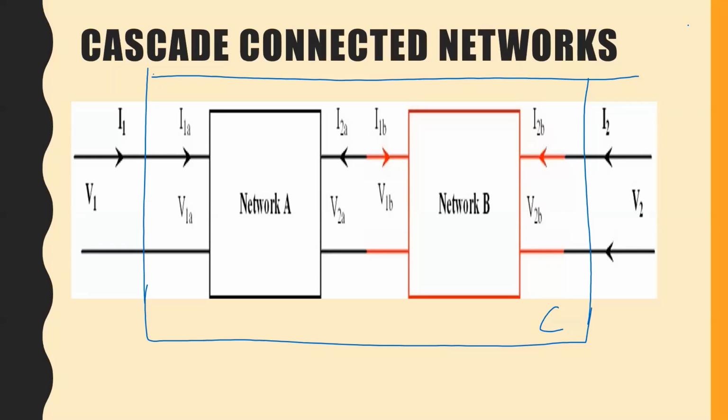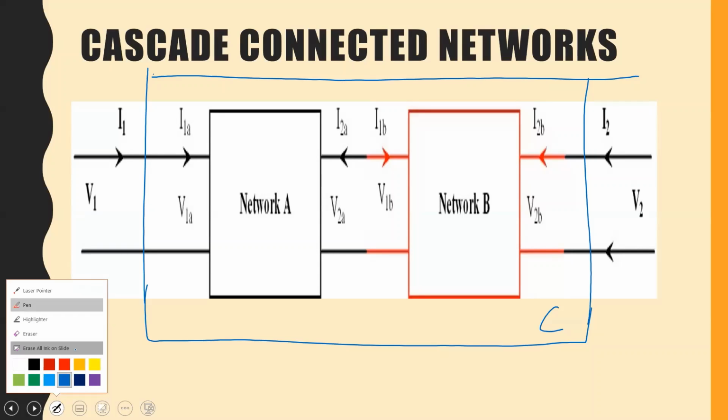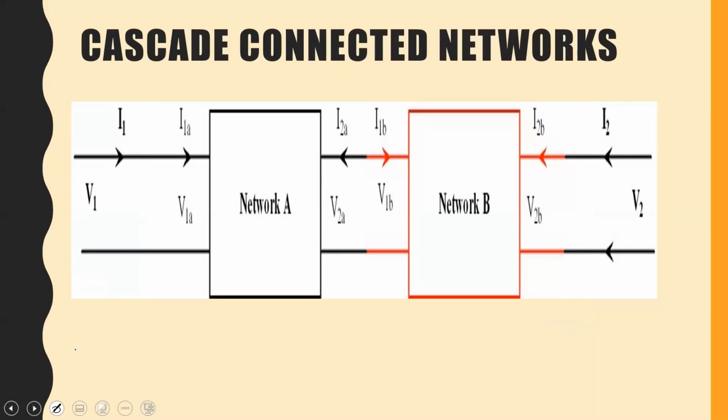All right, so we're gonna go a little slow with this one. Just like what we did with the parallel and the series connections, we want to look at which parameters or currents or voltages are the same, so to speak.